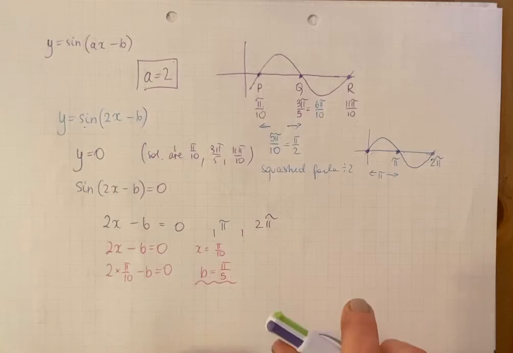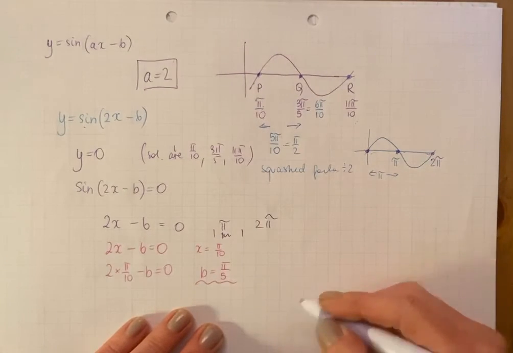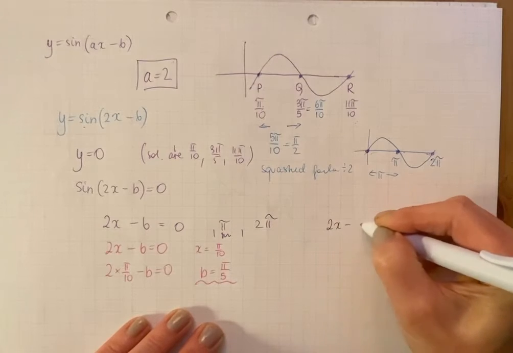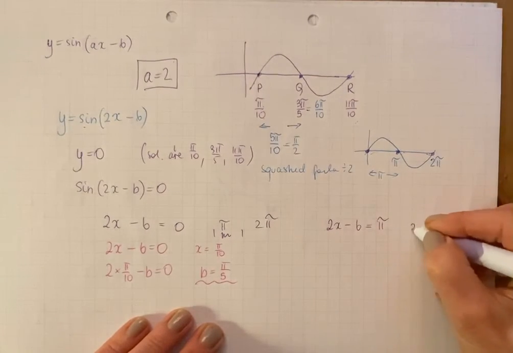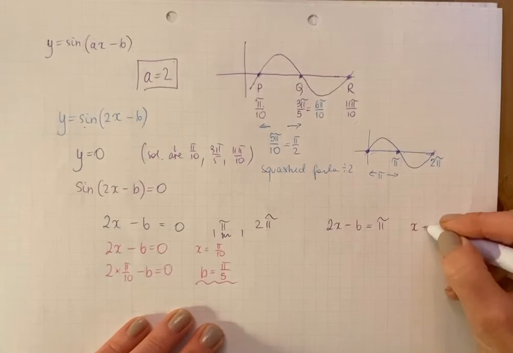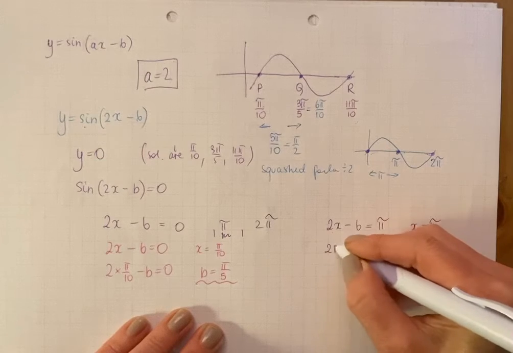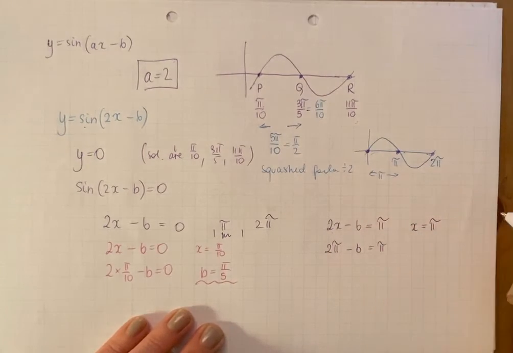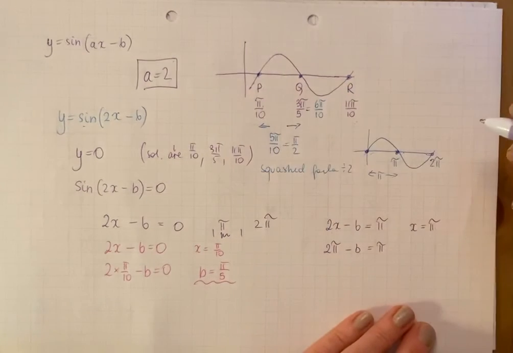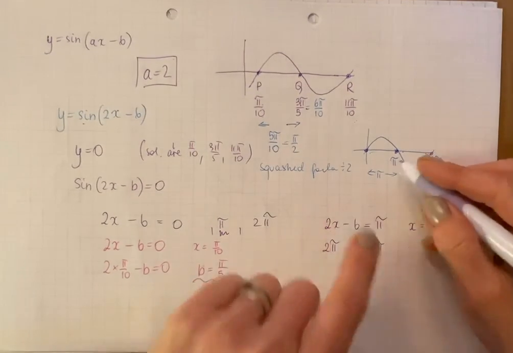Let me just check whether I'm right. Let's just check what would happen if I made it equal to pi. So 2x minus b is equal to pi. This must have come from the second value, so from pi. So if I make 2x equal to pi, second solution, apologies, I was looking at the wrong graph.